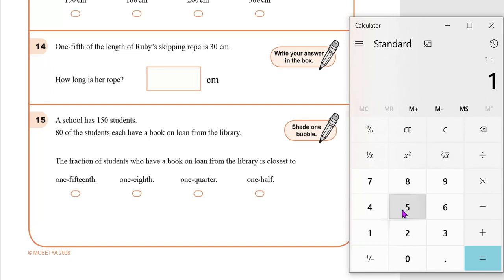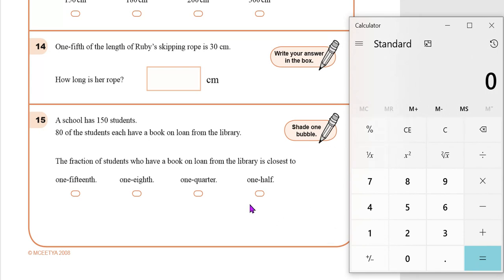A 15th is 6. An 1/8 is 12.5. A quarter is 25, and hence a half will be a lot closer. It's 50, which is very close to the 53 which we obtained.